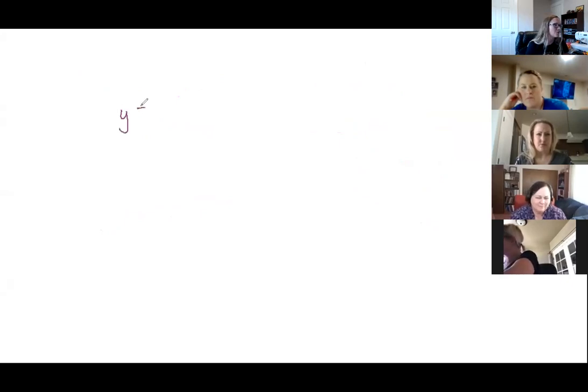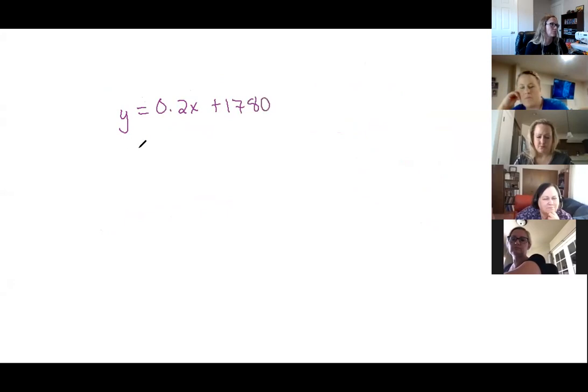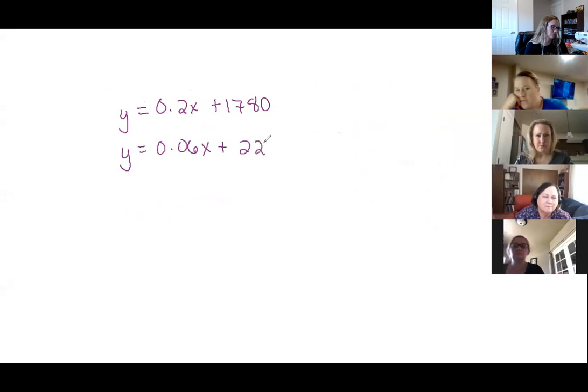So I've got two equations here. This was plan A, 20% commission, so 0.2 times X. And then his salary was 1780 for plan A. And then in the second one, he had just a 6% commission, and his salary was 2,265.